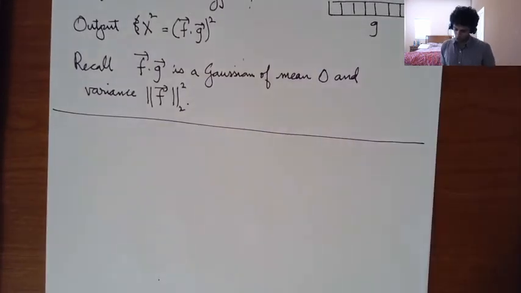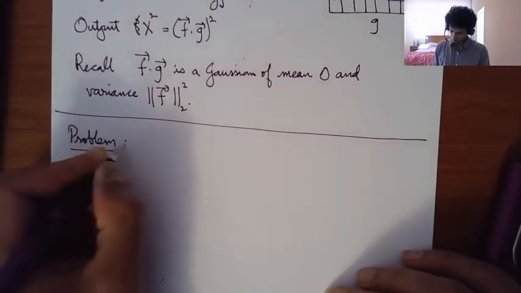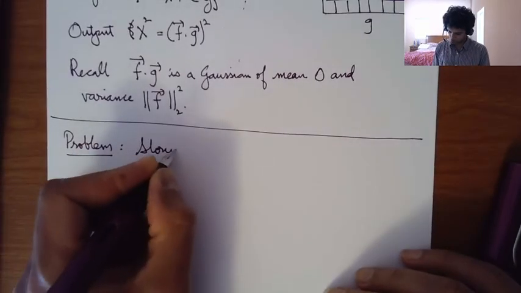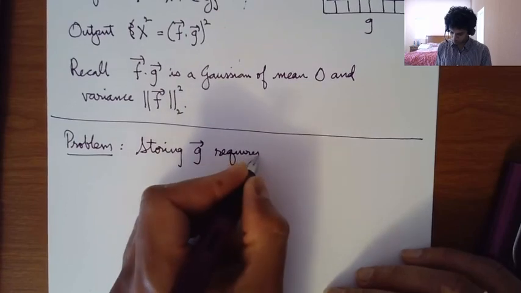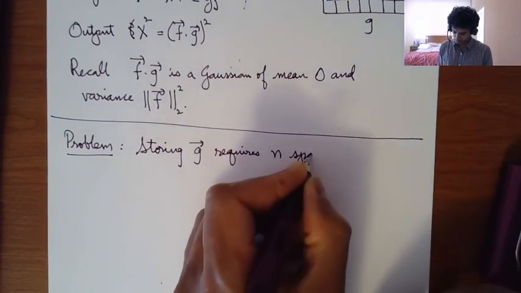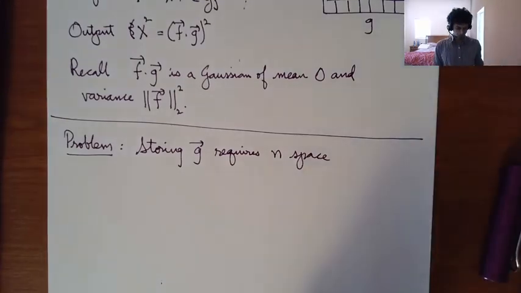Now, of course, there's a huge problem here: storing G requires n space. I mean, it's an n-dimensional vector of independent Gaussians.